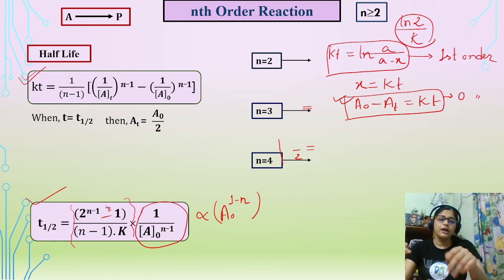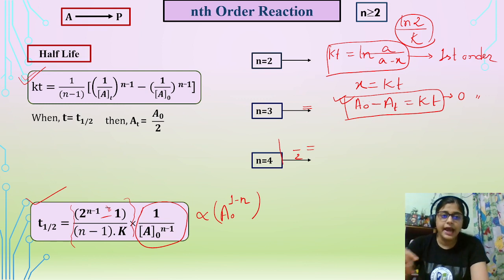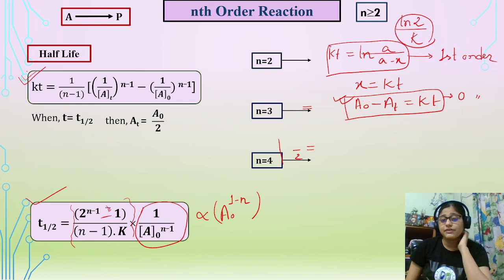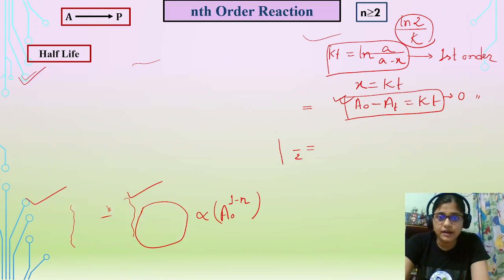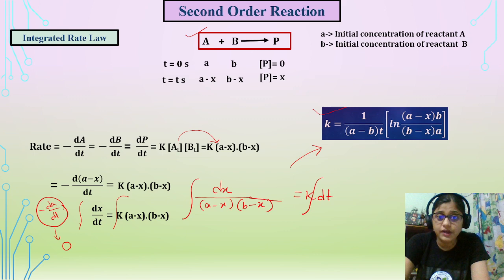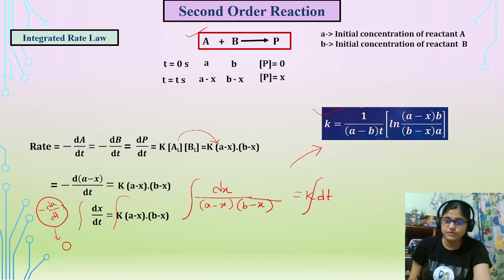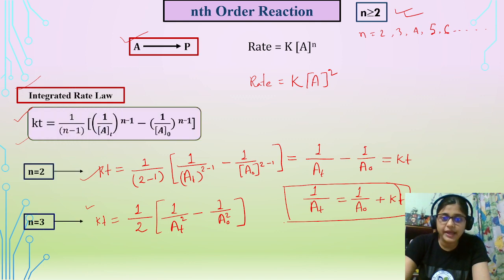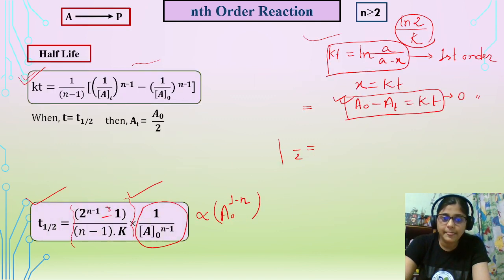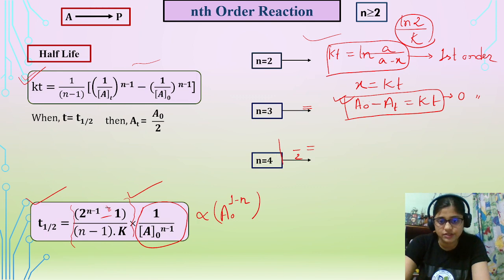So I will come to that part. What are the things you have to remember? These four, this and this one and this one, and the second order reaction I have previously told you, this one you can remember. So let's come to the next topic, after that we will go to the question session.